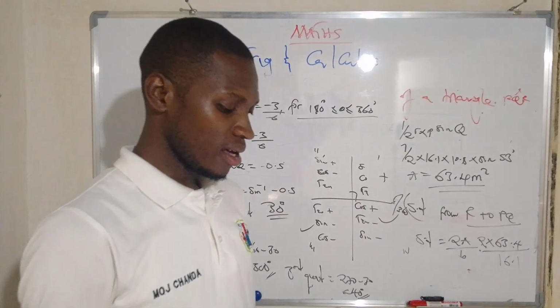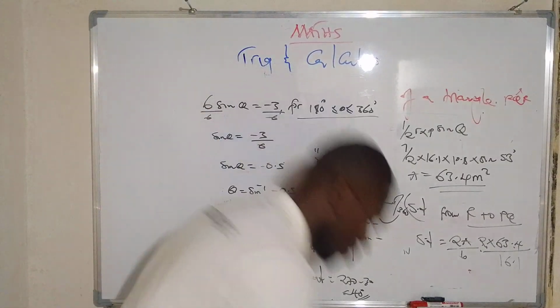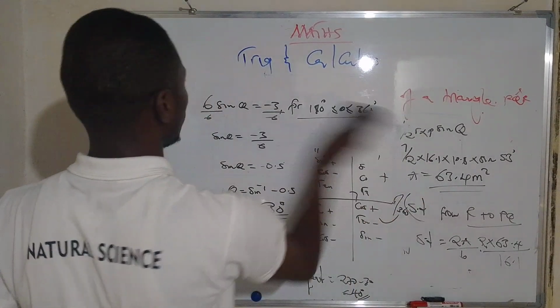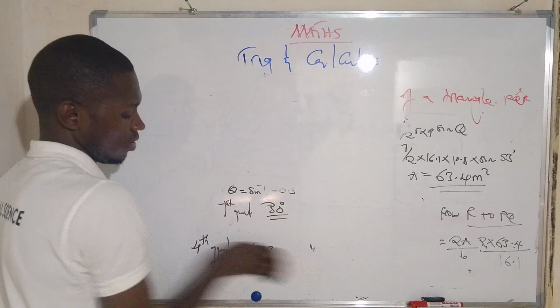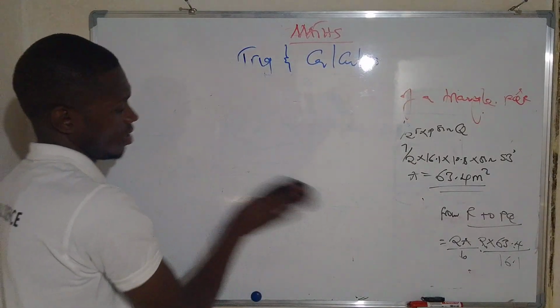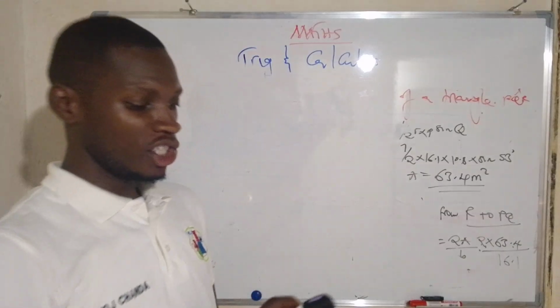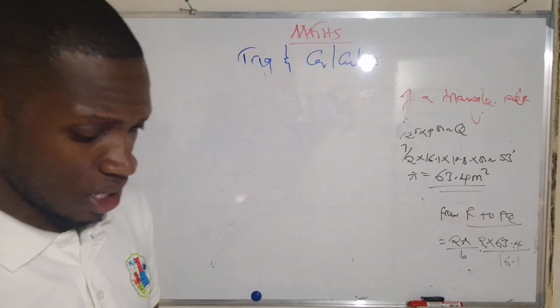So let's look for another question which will help us with the sine rule and cosine rule. Just follow the way I'm doing and perfect your work. Calculator is a machine, it can make you fail, so be familiar with it.